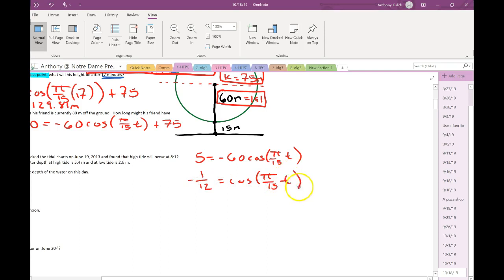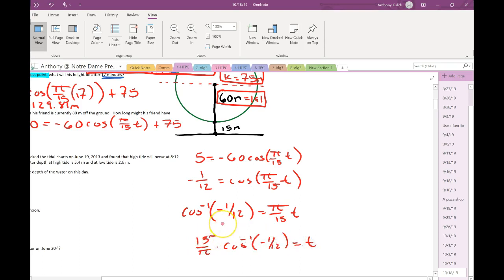Obviously, you don't need to write that as a fraction. A decimal is fine. To get rid of the cosine, we take the cosine inverse of both sides. And then I'm going to multiply by the reciprocal. And then it's calculator time.